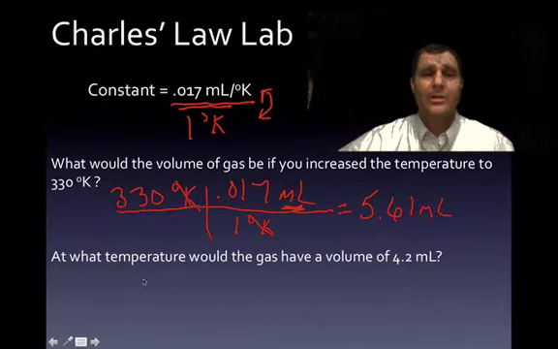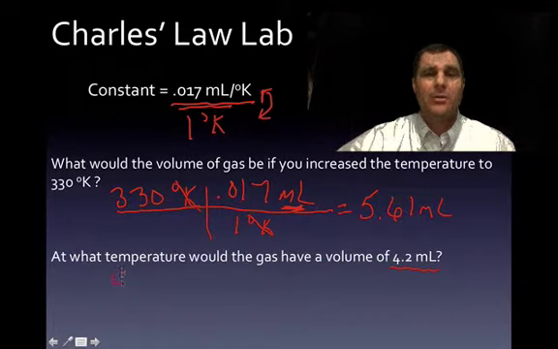Now, I can also use that equation to find out what temperature I would have to get it to get 4.2 milliliters. So, again, I always start by writing down what I'm given, 4.2 milliliters. I'm going to make my little railroad tracks here. And I'm going to use this equation, but this time I need milliliters on the bottom so that they'll cancel out.